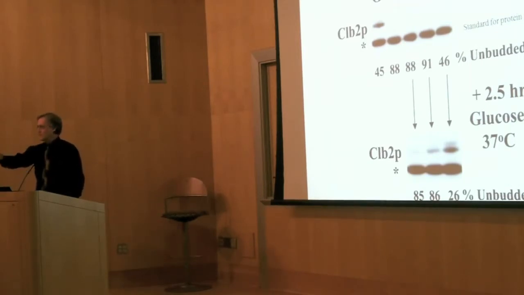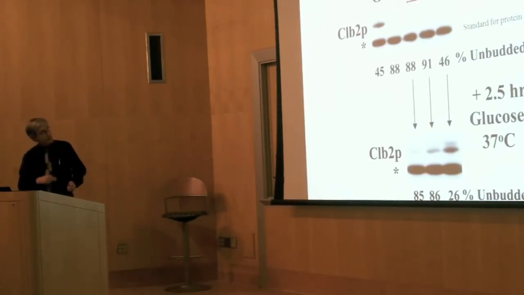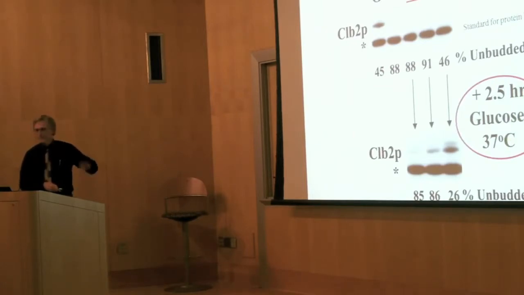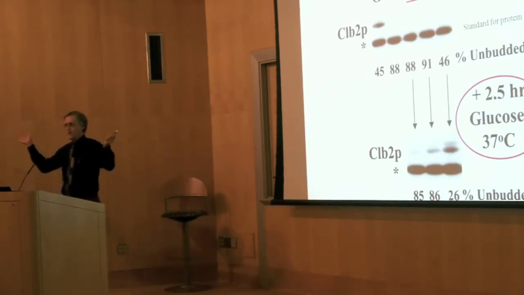If it's an hour, they synthesize more Clin-3. And then, at the end of that time, he shifts the cells to glucose at 37 degrees. That's neutral. Shifts them into neutral, holds them there for 2.5 hours, and he asks, where are you?